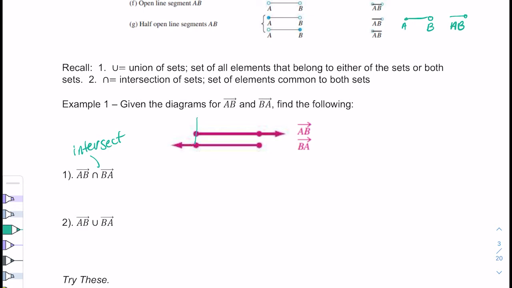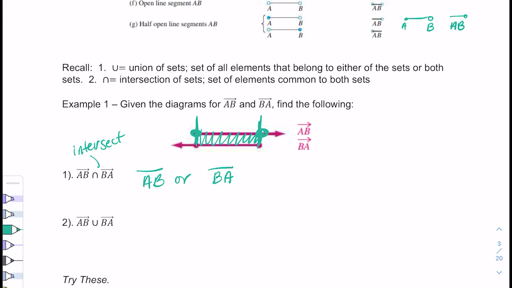So basically, it's just where they overlap. So anything in here is what's in common to both. And if you'll recall, it's got a beginning and an end. So that would be line segment AB is the intersection of the two rays. You can also call it line segment BA.